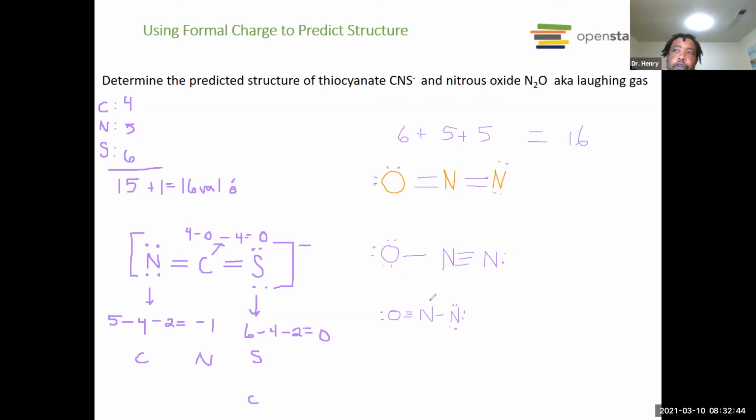Okay, so then we're going to use the formal charges. So let's calculate the formal charges for each of the cases. So for this first one, doing red, so oxygen, what would be the formal charge on the oxygen?